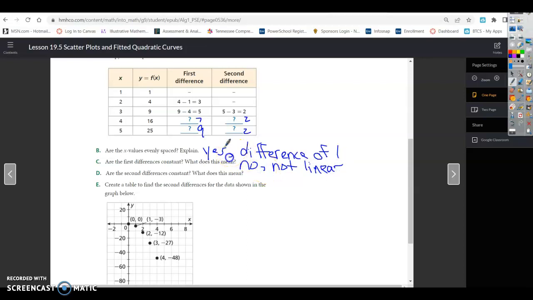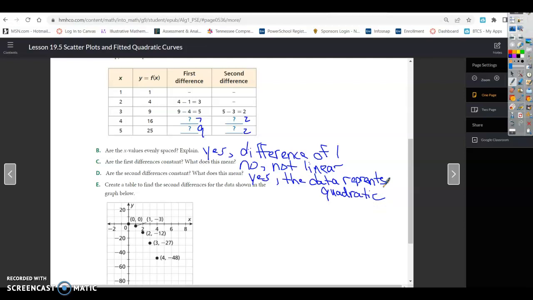Are the second differences constant, and what does this mean? Yes, the second differences were constant. I got 2, 2, and 2, so that means these are quadratic. The data represents a quadratic model.